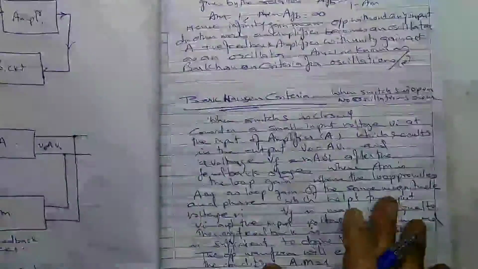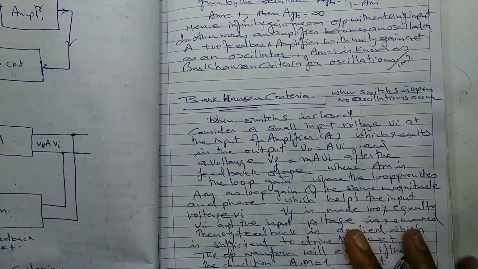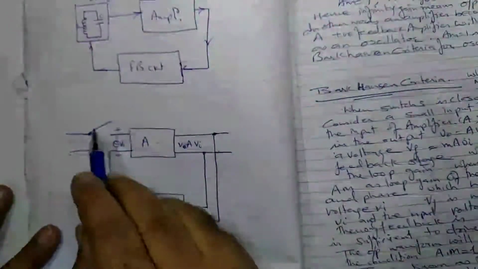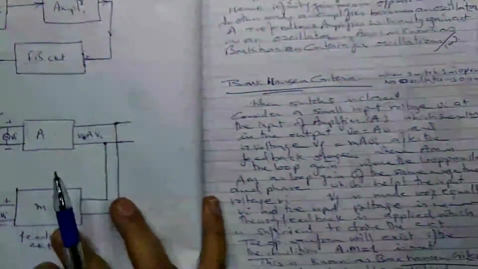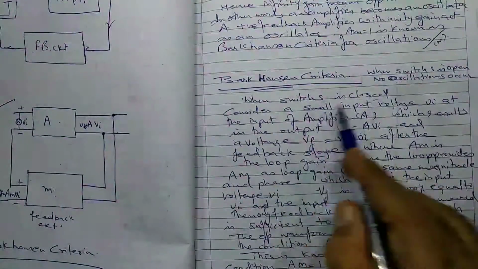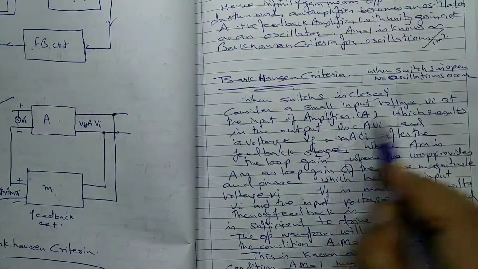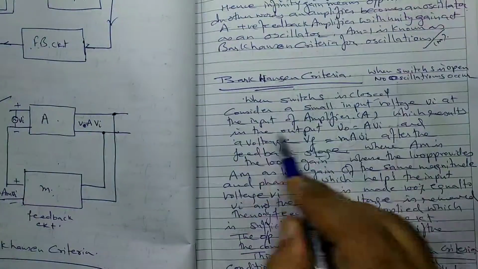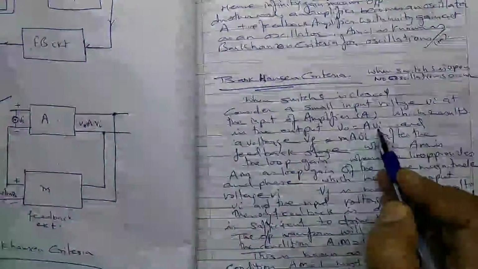Here we can see when the switch is closed. Consider a small amount of input voltage Vi at the input of the amplifier A, which results in the output Vo equal to A Vi.